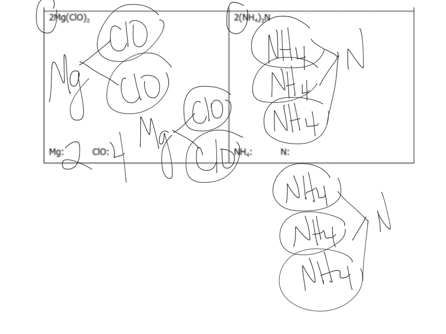And if I do a quick count, I see that I have 6 groups of NH4 and 2 Ns. And that's how you should visualize formulas when you see parentheses and you know you have polyatomic ions.